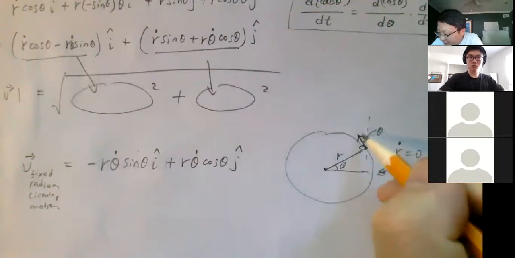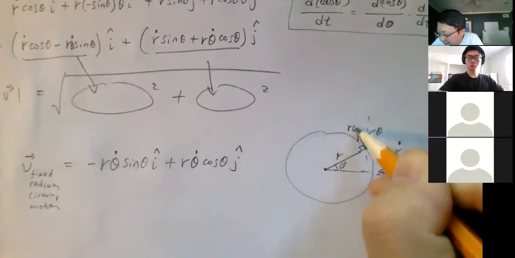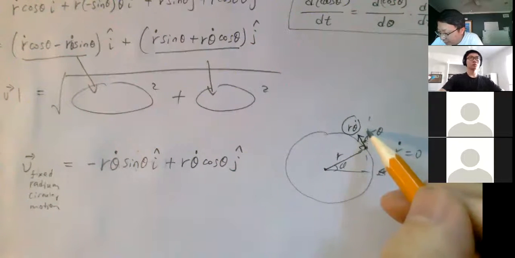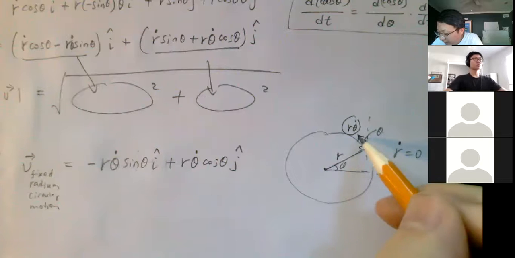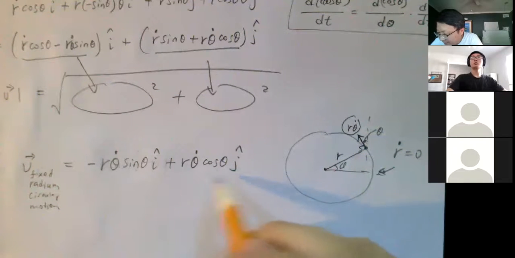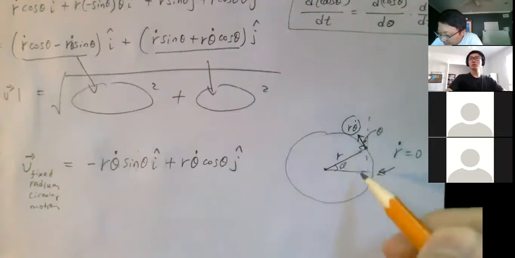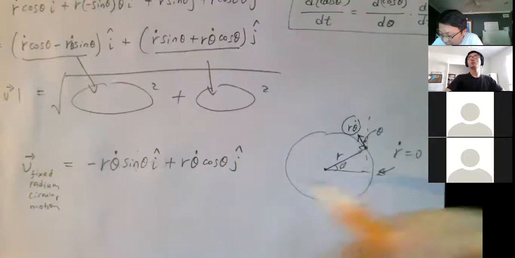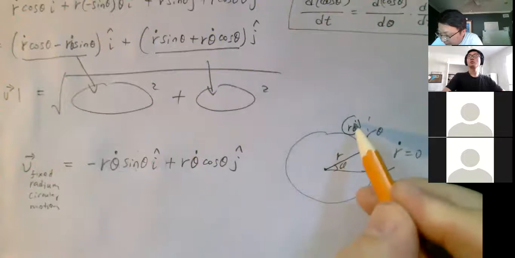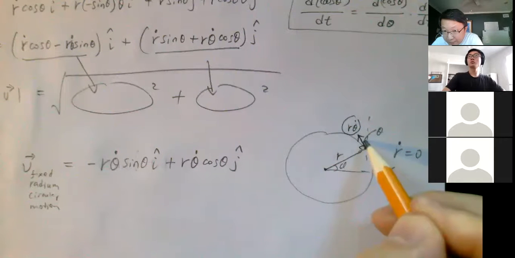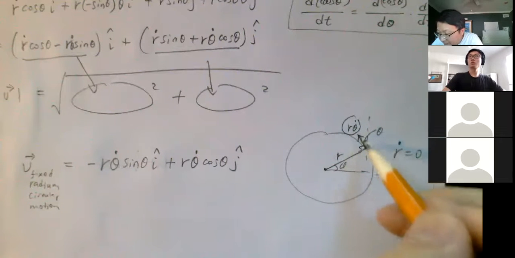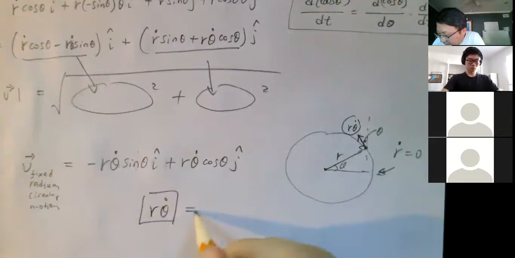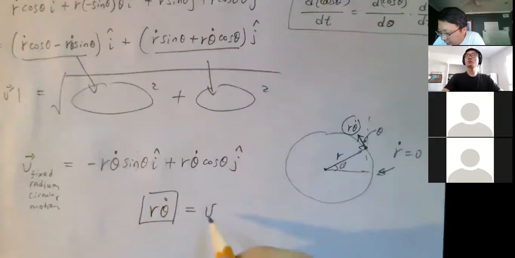This means if there's a vector R theta dot, that one projected to the y direction will be R theta dot cosine theta. Projected to the x direction will be minus, because it is towards the opposite of the x direction, minus R theta dot times sine theta, correct? So it really means R theta dot is your linear speed.